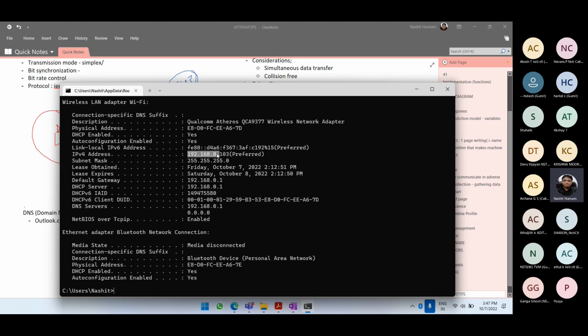This is the address of my gateway or my service provider, and now this is taken automatically by this machine. Whenever I connect, in case I disconnect and connect again, I might get another IP address. I hope that makes sense.